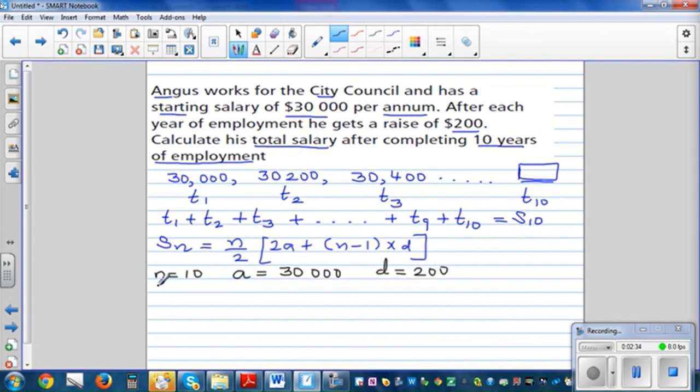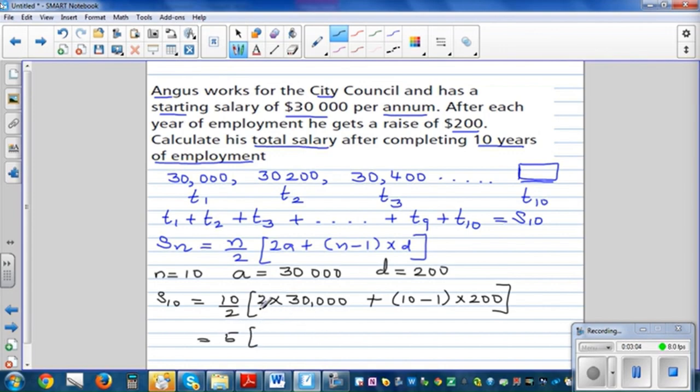So to just apply the formula, S10 is equal to 10 divided by 2, bracket 2 times a, which is 30,000, plus n, which is again 10 minus 1 times d, which is 200. So let's simplify this a little. 10 divided by 2 is 5.